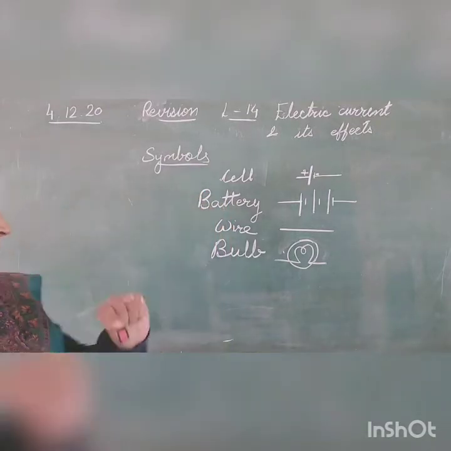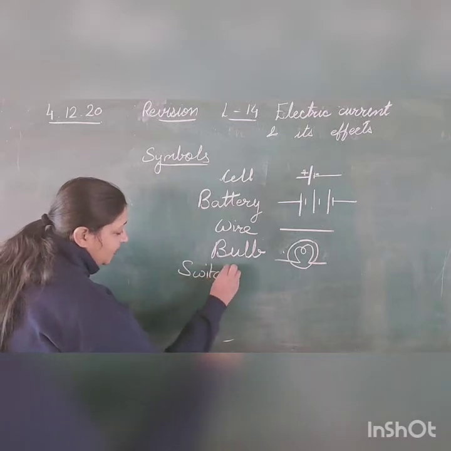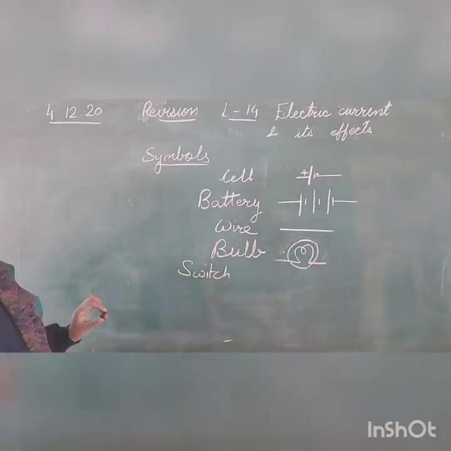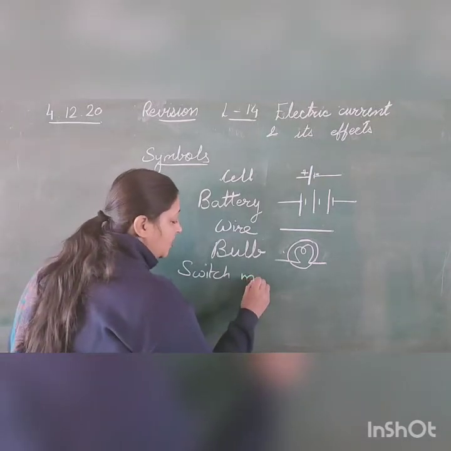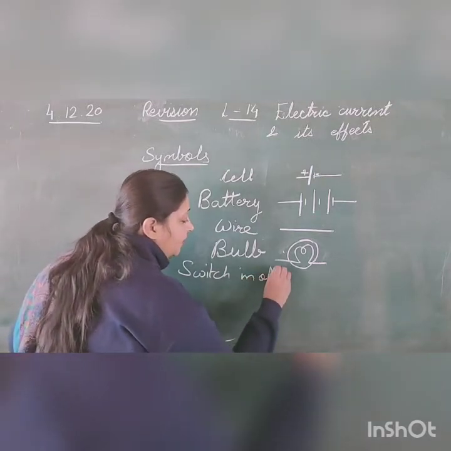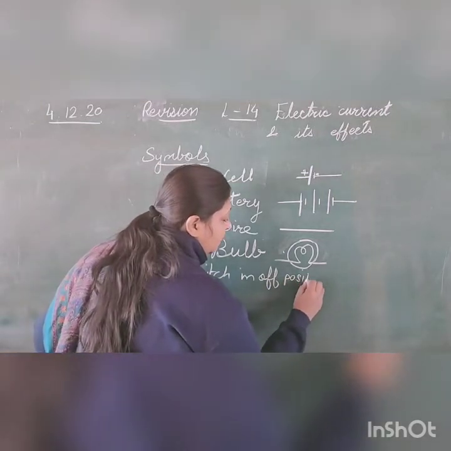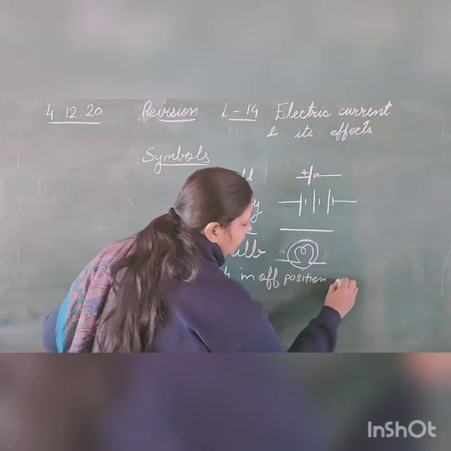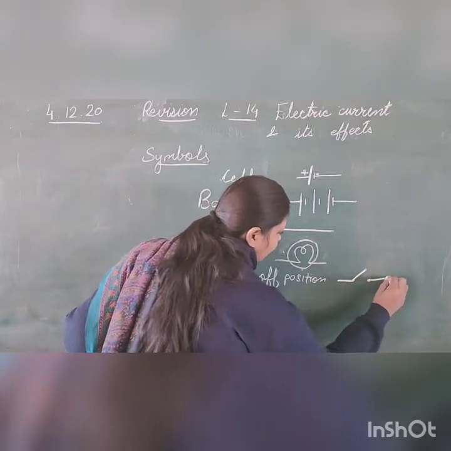Afterwards, I will show you what this is. It is a switch, right? Everyone knows it. We use it daily at our home, even in school. Now, a switch has two positions. Number one, off position. Off position means your switch is not connected. For this, you have to draw like this.